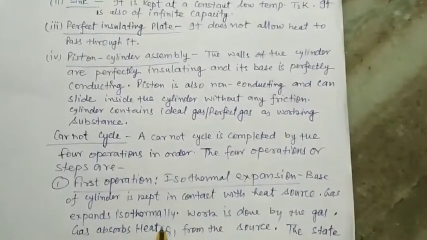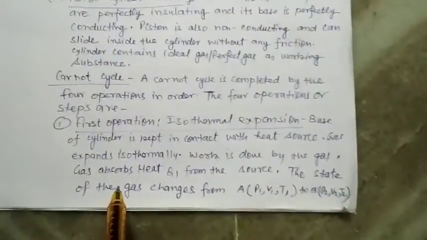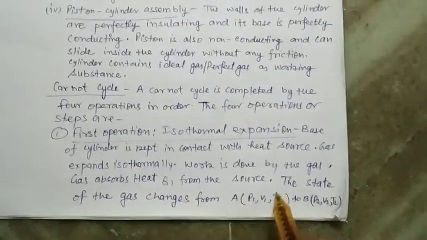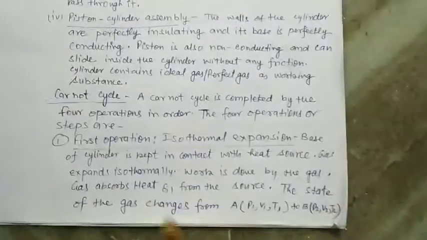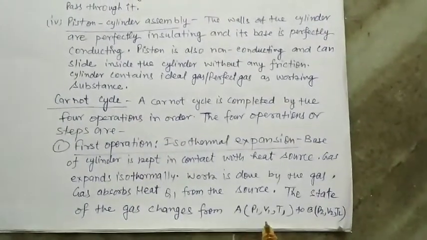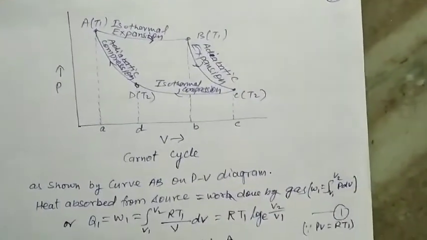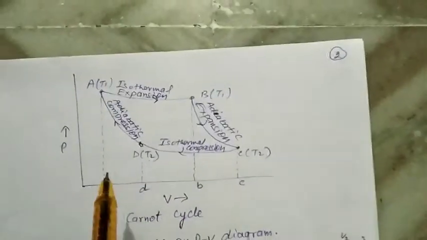The gas expands isothermally. Work is done by the gas. The gas absorbs heat Q1 from the source. The state of the gas changes from A (P1, V1, T1) to B (P2, V2, T1) as shown in this PV diagram. So actually this is the Carnot cycle.